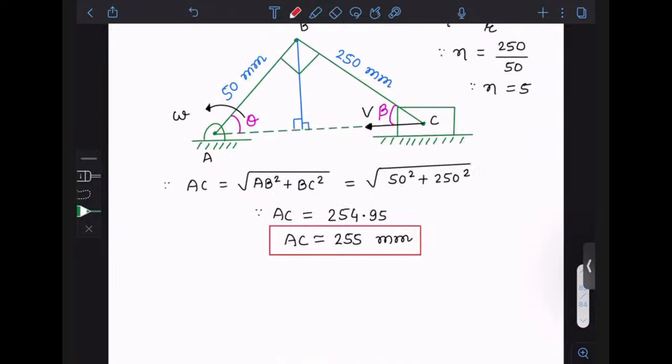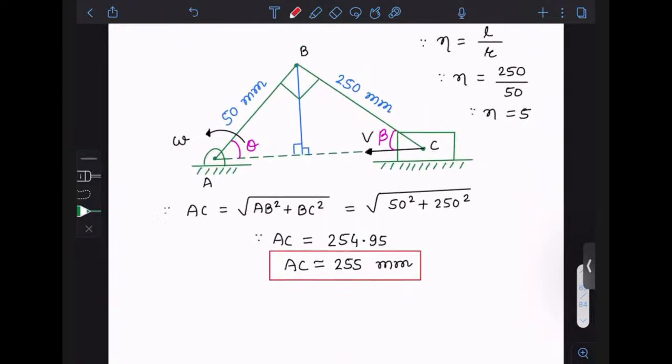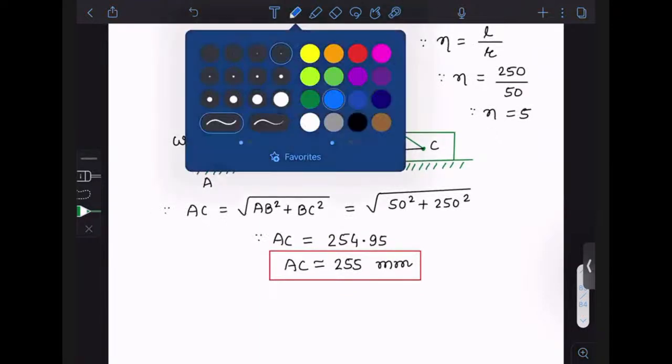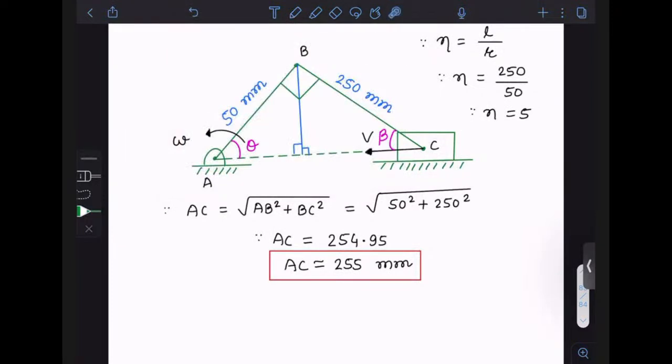Now see everyone, once we have AC, we have to find out theta. Without theta, we cannot do anything. It is quite simple. Because it is a right angle triangle, here you can write that sine theta is equal to perpendicular by hypotenuse, means 250 divided by 255.